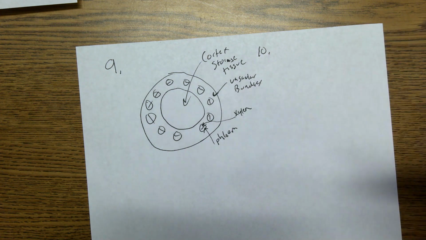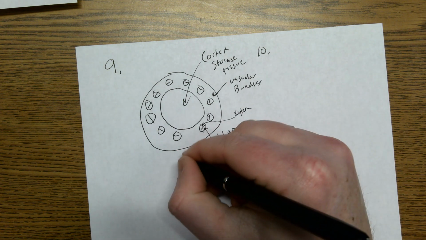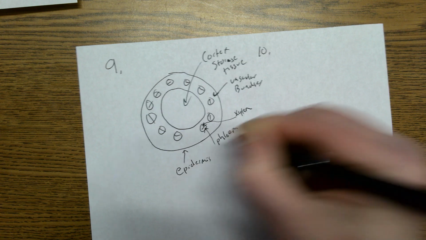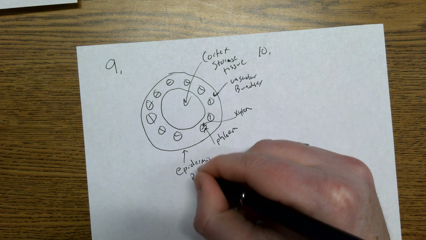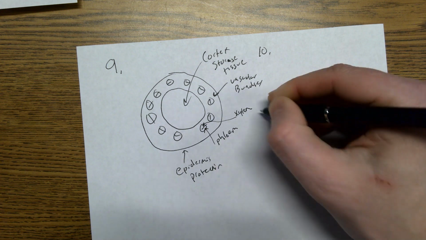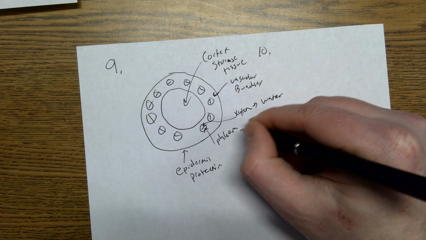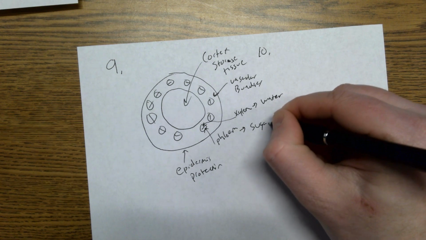As you go around, you'd have xylem versus phloem. And on the outside, you have your epidermis layer. The epidermis is like the skin, and it is for protection. The xylem is for transport of water primarily, and the phloem is for transport of sugar.